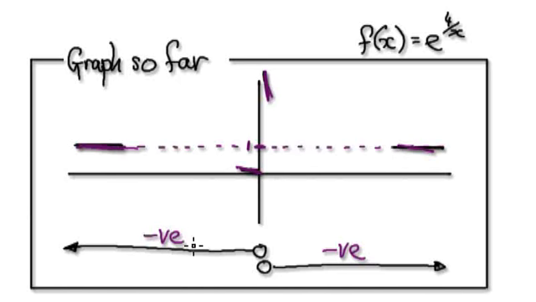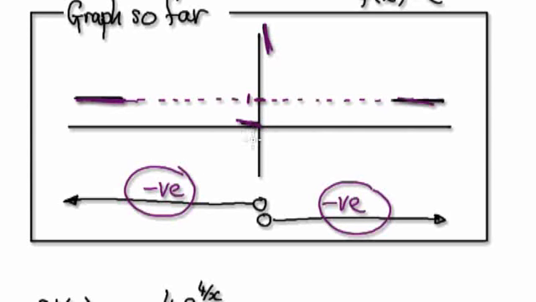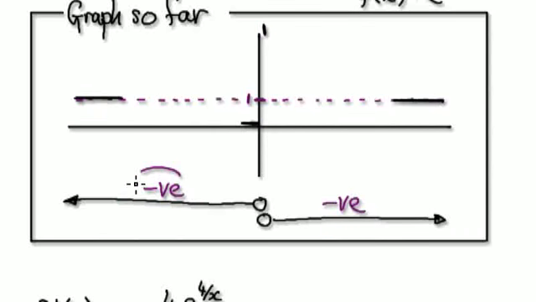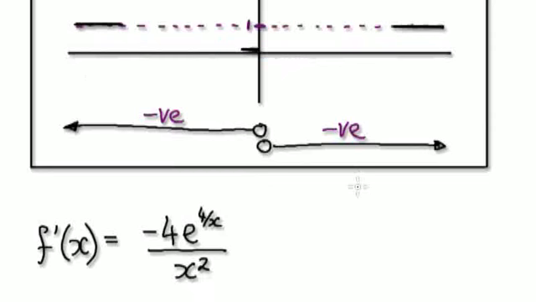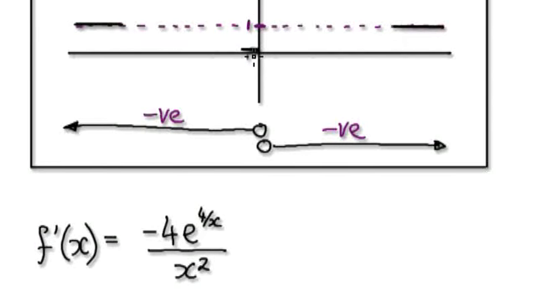So we now need to look at the interval. Looking at the interval, it turns out to be negative on this side and negative on this side, between here and here. Let me show you why. Looking at our derivative, when x is in the negative realm, this here will always be positive.